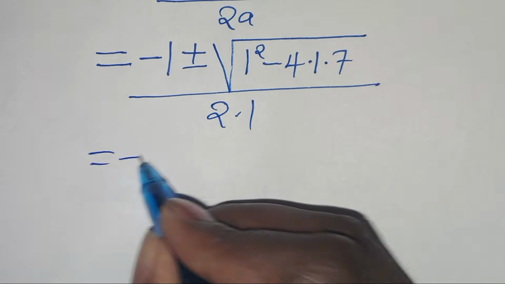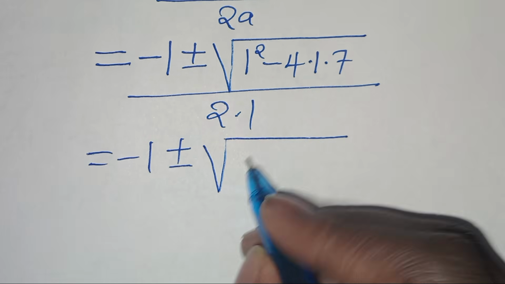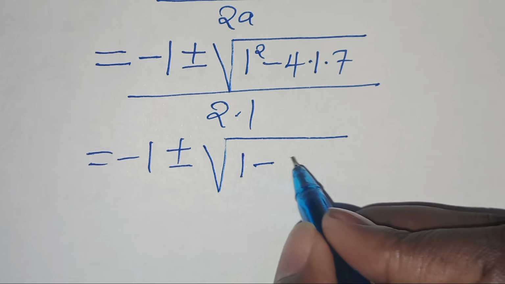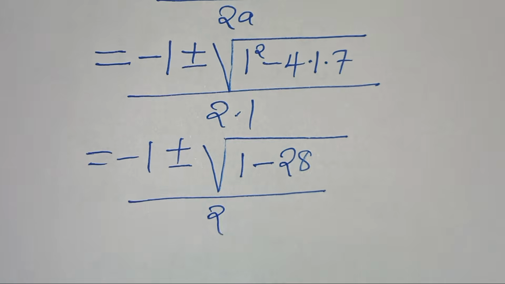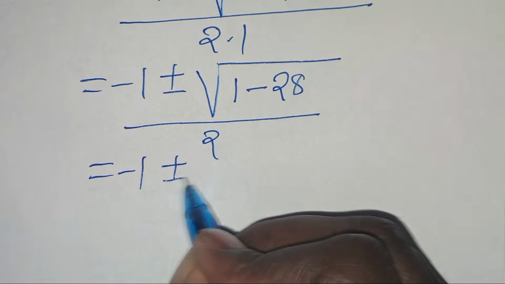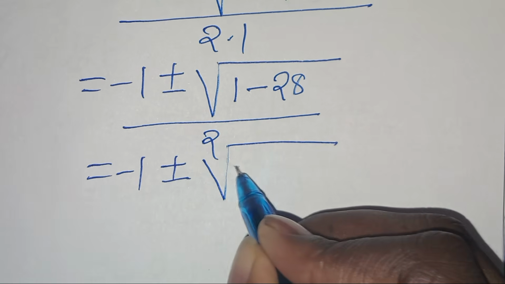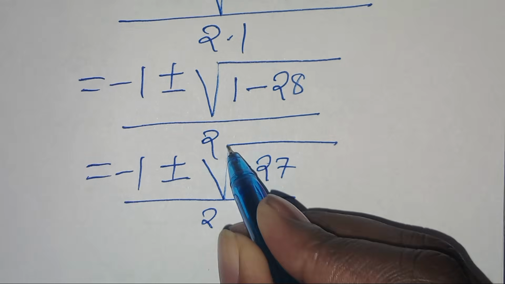So this is minus 1 plus or minus the square root of 1 squared, which is 1, minus 4 times 7, which is 28, divided by 2. So this is minus 1 plus or minus the square root of minus 27, everything here divided by 2.